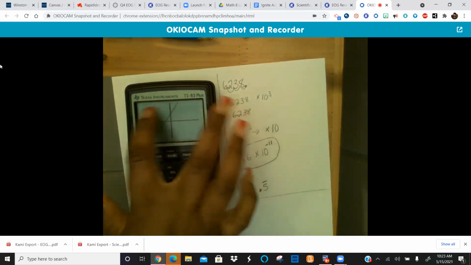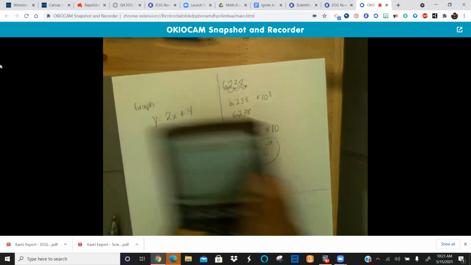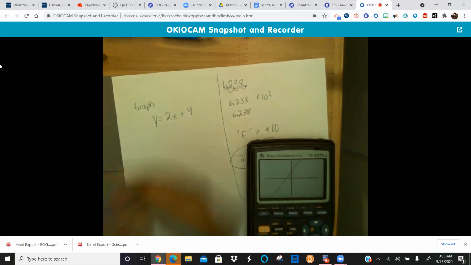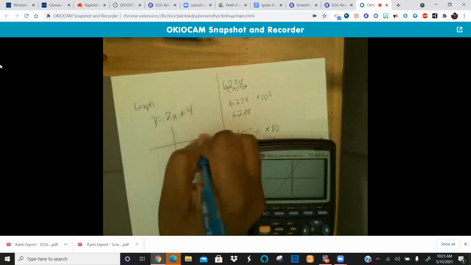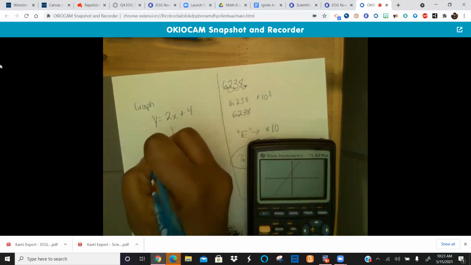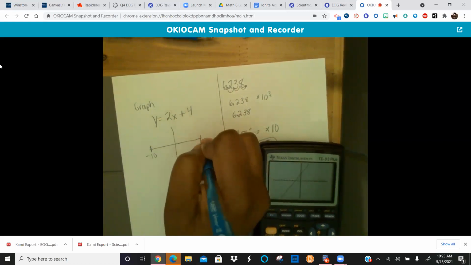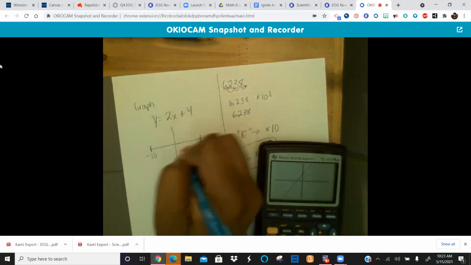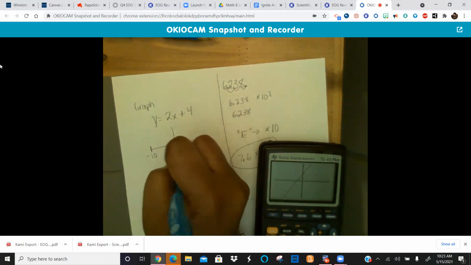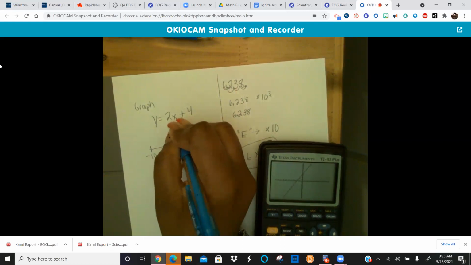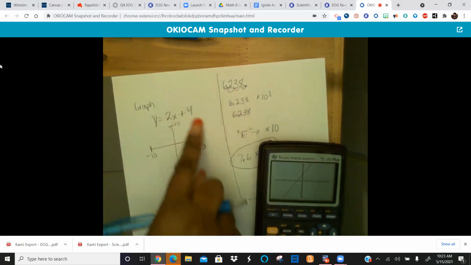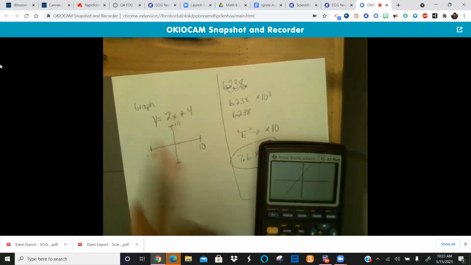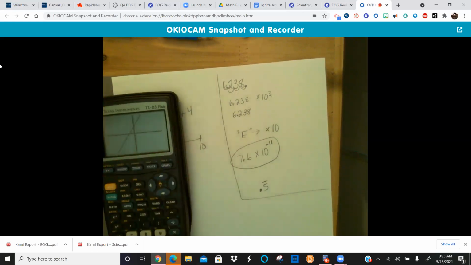So the coordinate plane that the calculator automatically gives you is only from -10 to +10 on the X, unless you change it, and -10 up to +10 on the Y. So if you have numbers that are greater than 10, then this is how you change it.